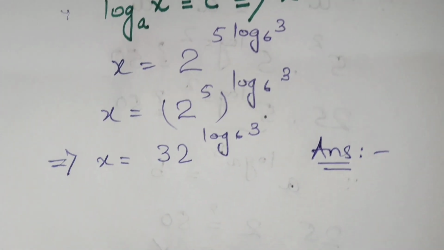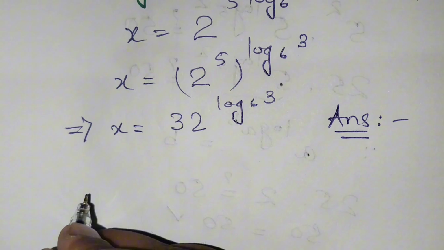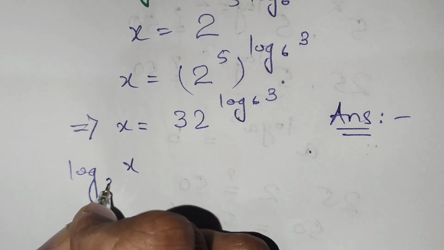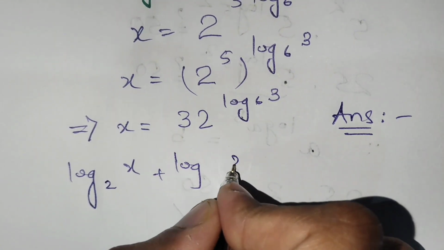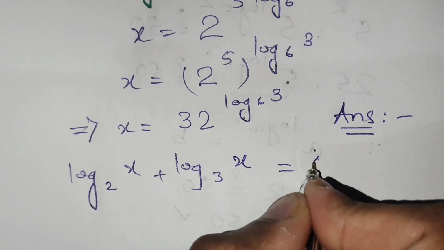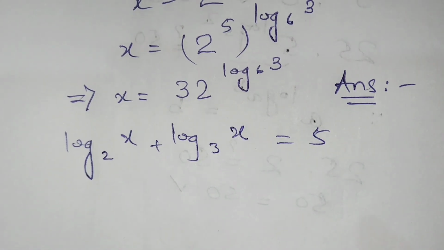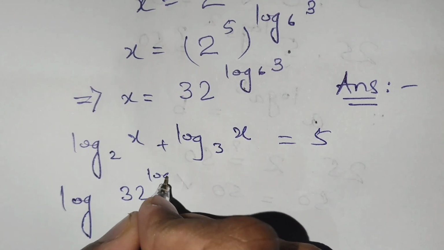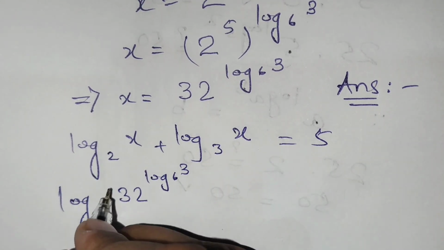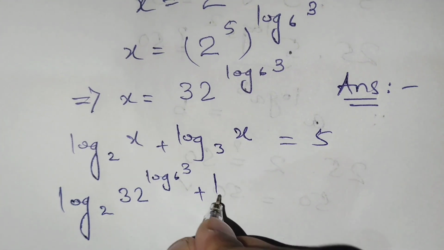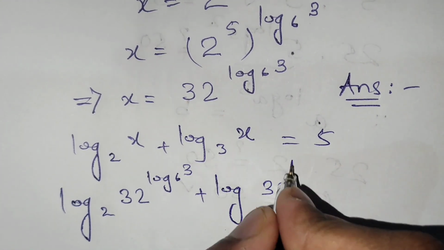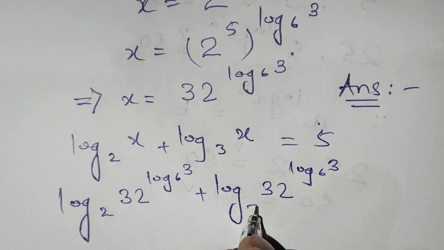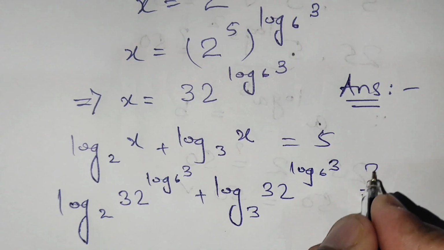Now we have to check this value by putting it back in the given equation. Log of x to the base 2 plus log of x to the base 3 equals 5. Replace x by this value. This is log of 32 power log of 3 to the base 6, to the base 2, plus log of 32 power log of 3 to the base 6, to the base 3, equals 5.